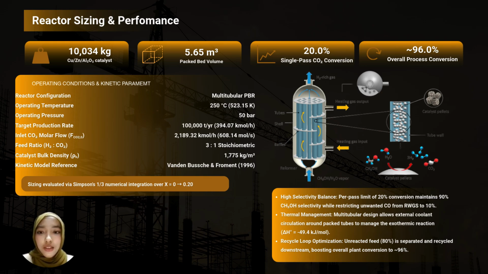The reactor achieved the target 20% single pass CO2 conversion, while recycling the unreacted gases increased the overall CO2 conversion to approximately 96%. So this reactor design provides efficient heat removal, maintains catalyst stability, and is suitable for large-scale industrial methanol production.